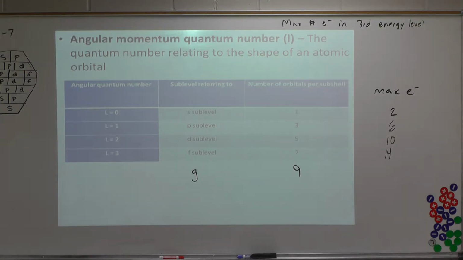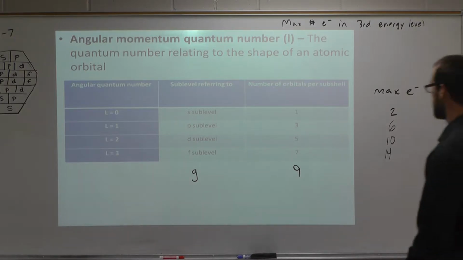Everybody, were we able to figure that out? You would look and figure out what sublevels are in the third energy level. Okay, S, P, and D. Count total orbitals, 1, 3, and 5 for a total of 9. Times 2, 18. I could ask you that on any of these. Just want to make sure we're good on this.